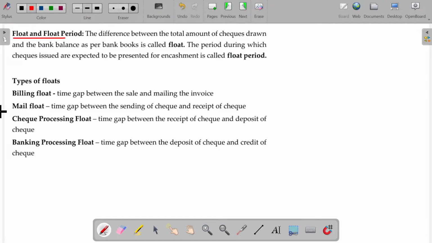Nowadays, the float becomes invalid or redundant because earlier, the payment was routed through cheque only. So if I raise the cheque on you, I'll send the cheque to you. You'll deposit that in your banker. Your banker will confirm and collect from my banker.